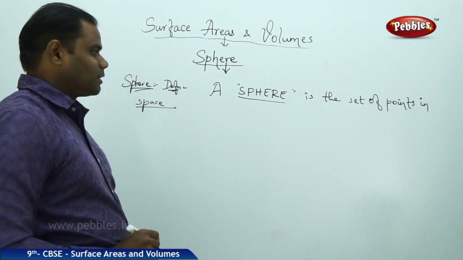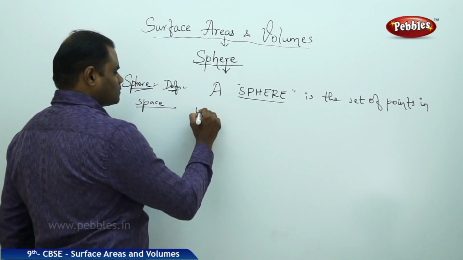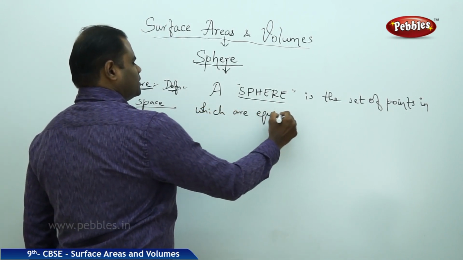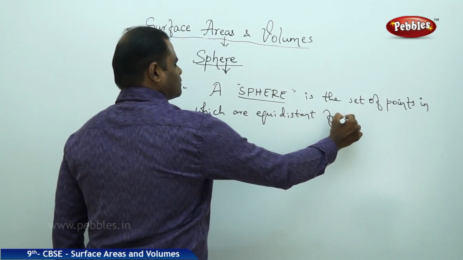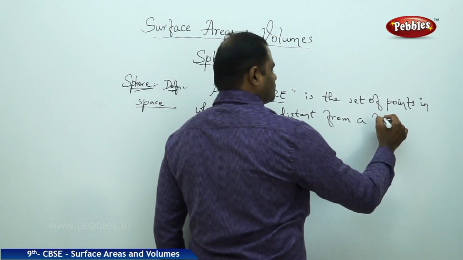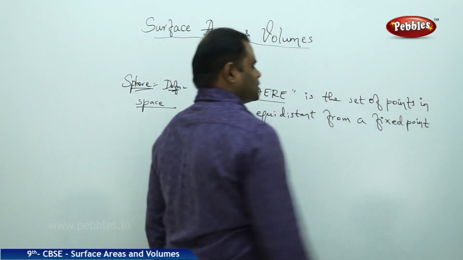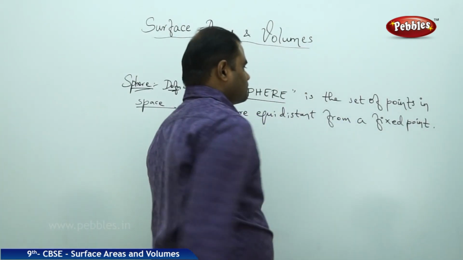Importantly, a sphere is the set of points in space which are equidistant from a fixed point. That's how we understand a sphere.